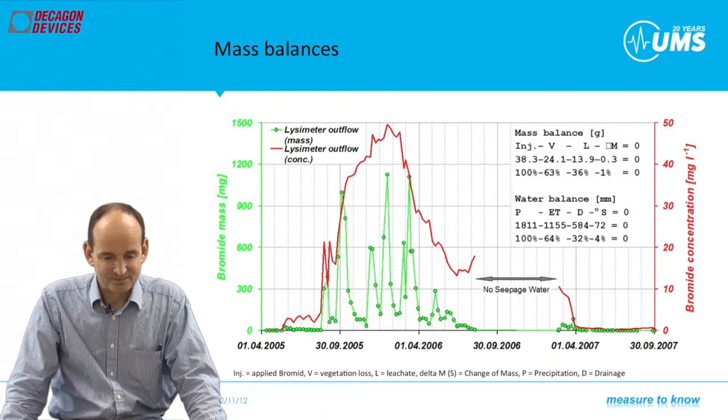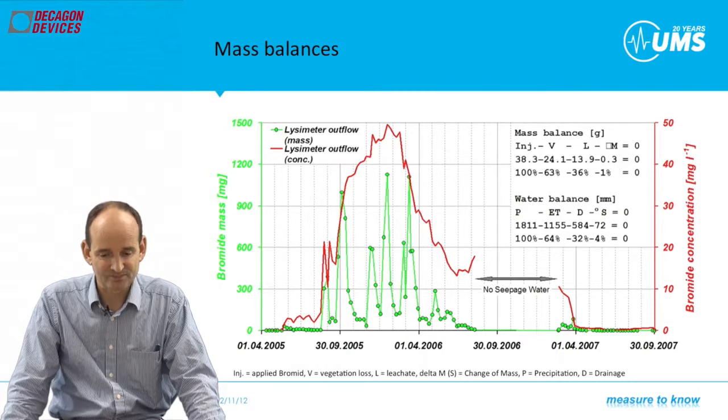For the mass balance, we applied a tracer with a total of 38 grams. We found 24 grams in the vegetation, 9 grams in the leakage water, and 3 grams in the changed water content of the lysimeter. That's excellent.